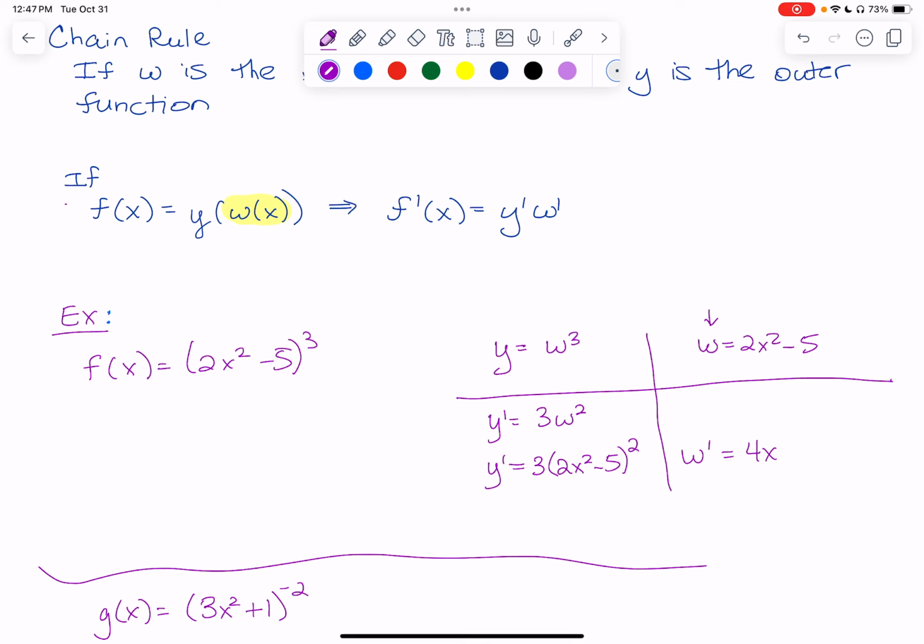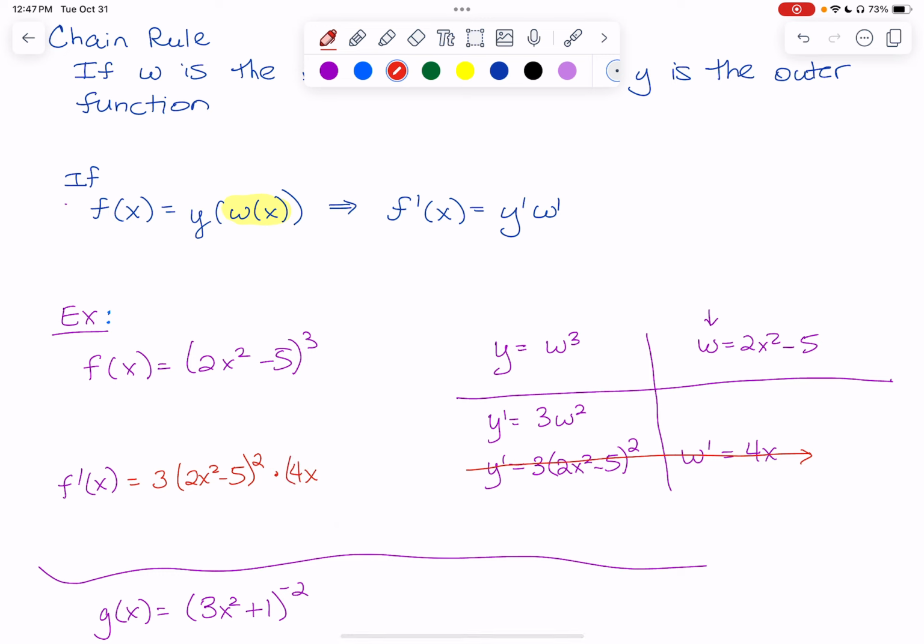All right, now that we have our derivatives, we're ready to find the derivative of f. So the derivative of f, here I am just going to multiply straight across. It's a chain, it's nice and straight, it just goes straight across those derivatives. So I'm going to have 3 times 2x squared minus 5 all squared, and then I'm going to multiply that by a 4x.